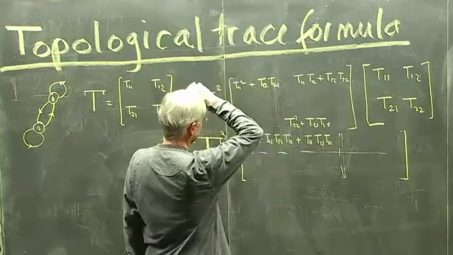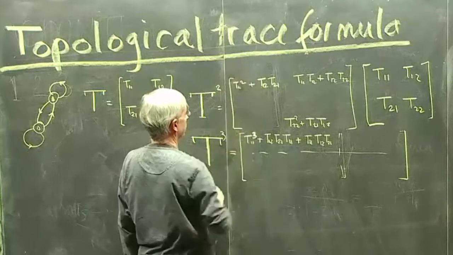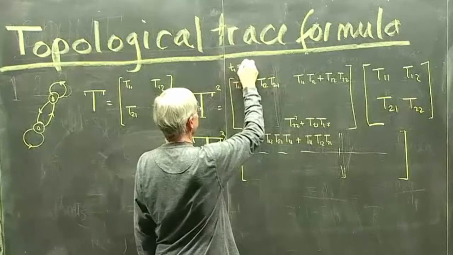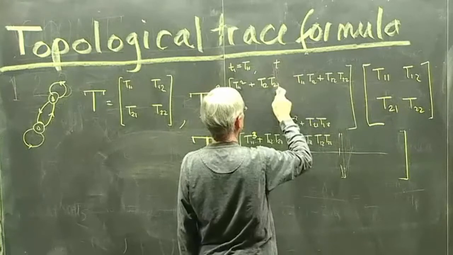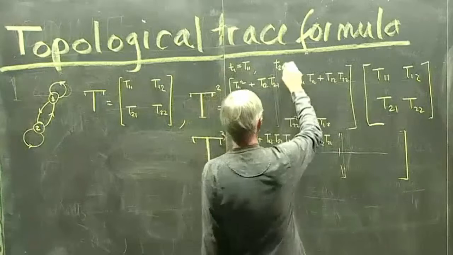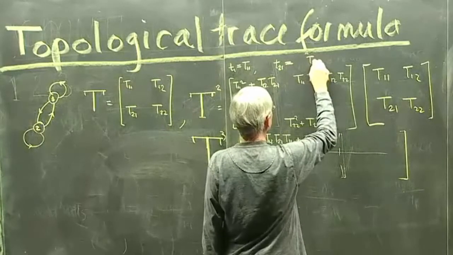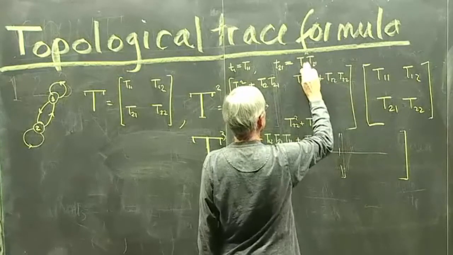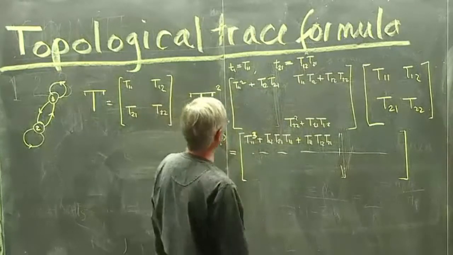This term means that I was at 1 and I stayed at 1 twice. So let me define a little t1 to be just this matrix element. This one says that I started at 1, I went to 2. So let me define a 2 cycle to be the link going from 1 to 2, to 2 to 1. So that's a closed walk of length 2.